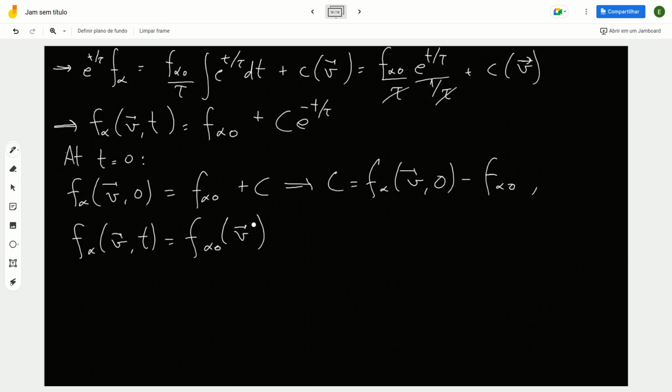This is no longer a function of t because this is the equilibrium value, and I have the constant here minus this, e^(-t/tau).